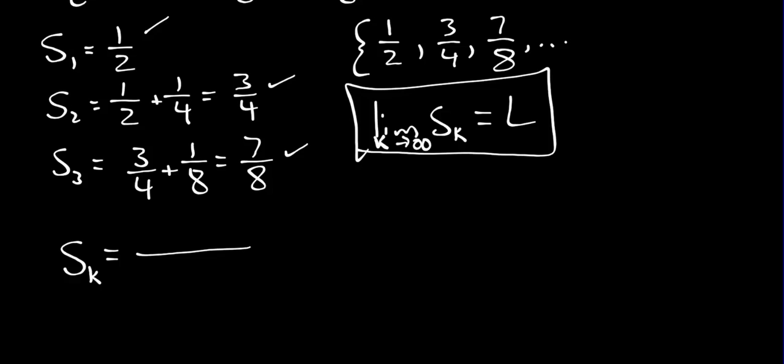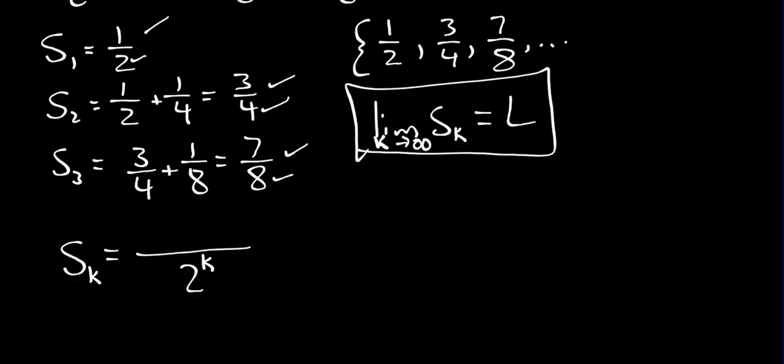Let's look at it part by part, the numerator and denominator. The denominator looks like it's just going to be powers, right? This one right here is 2 to the first, 2 to the second, 2 to the third. So for S sub k, that's going to be 2 to the kth power. That's pretty obvious, 2 to the kth power.